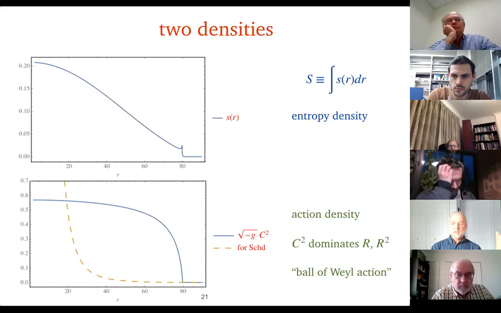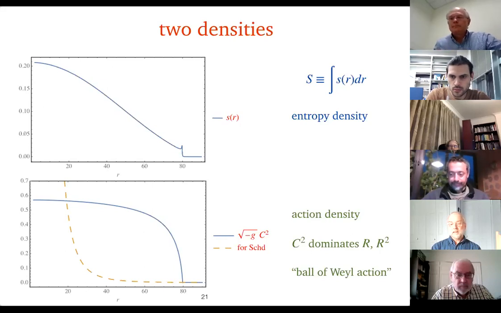If you write the action in terms of C and R squared, in the interior, it's the Weyl squared term that dominates. And when you plot that, it's also spread out throughout the interior, to be compared with the Schwarzschild case where this quantity is blowing up. So because of this, you could call a 2-2 hole nothing but a ball of Weyl action.